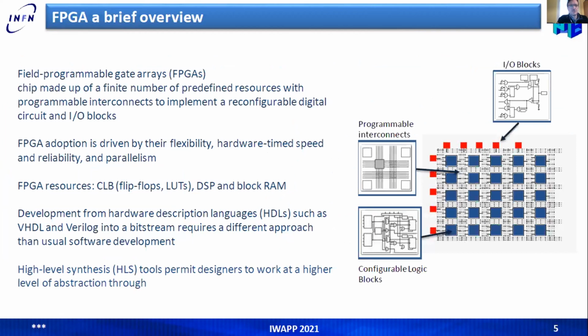Why the FPGA? Because they are cheap, the resources can be completely reconfigurable, and their adoption is quite large because of their flexibility, because they are deterministic in the processing. We can control them at the clock cycle level, and they are massively parallel.